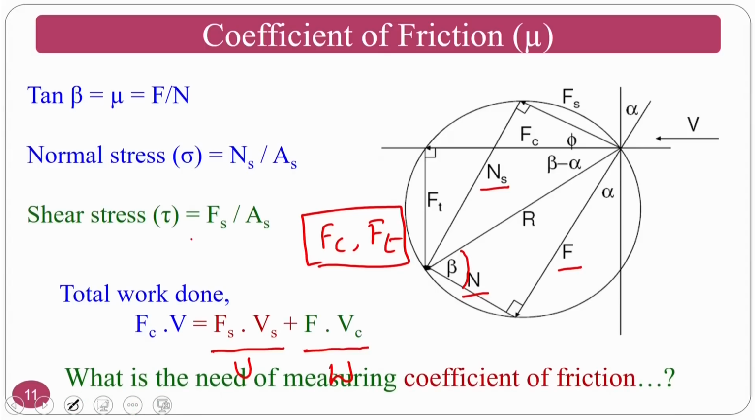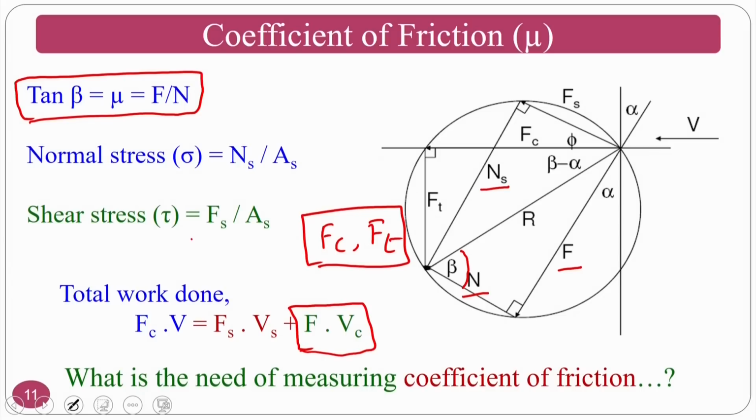So what is the need of measuring the coefficient of friction? If I can measure the coefficient of friction, that is nothing but F by N, then I can understand what is the energy going as a waste, that is what is the energy that is going here.